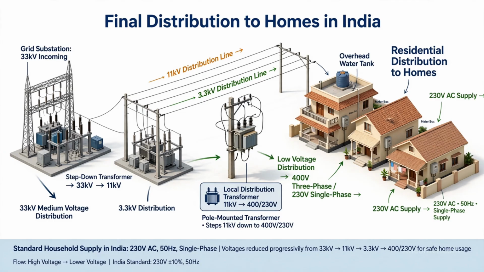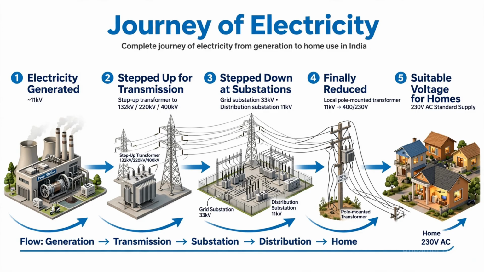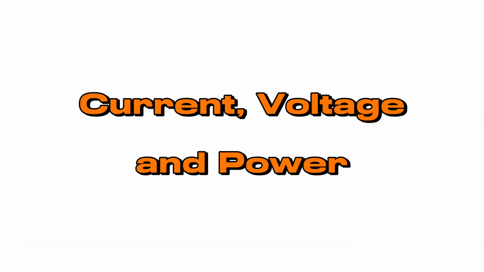The voltage is then reduced further through the distribution system. Finally, a local transformer reduces it to around 230 volts AC, which is the standard household supply in India. So the journey is simple to understand. Electricity is generated, stepped up for transmission, stepped down at substations, and finally reduced to a suitable voltage for our homes.